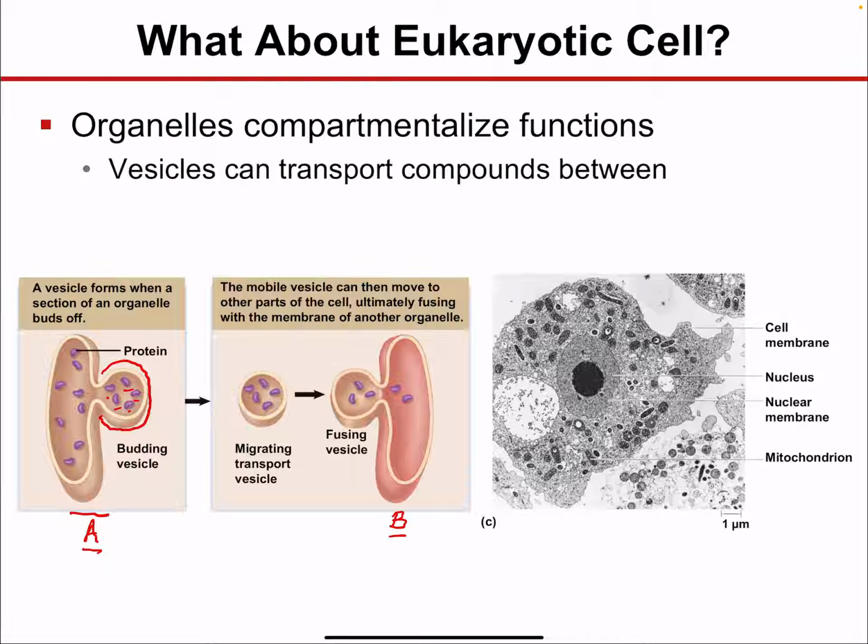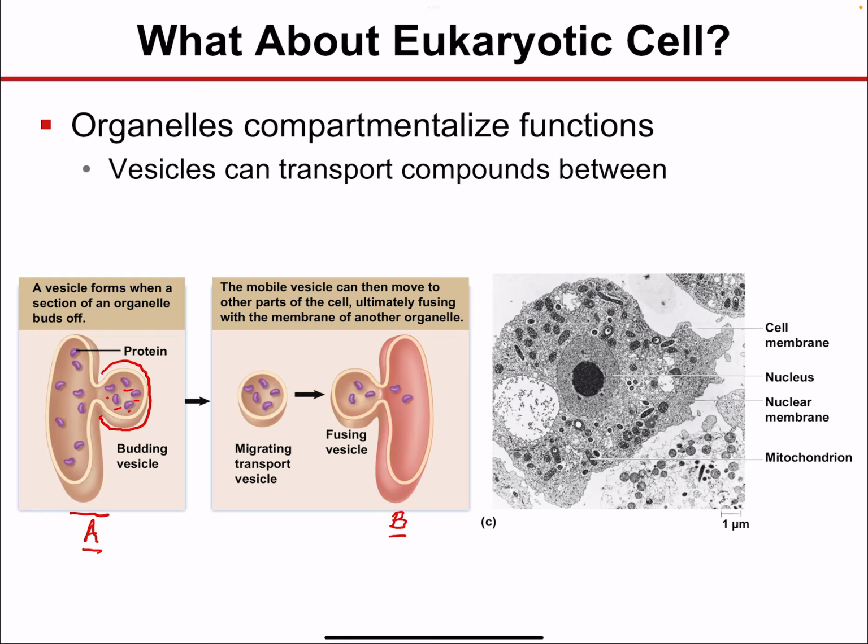And notice that when you look at the inside of organelle A, it's not the same color as organelle B. This is just to tell you that the activities that are happening in organelle A do not happen in organelle B. And that's how those two are going to be different, right?